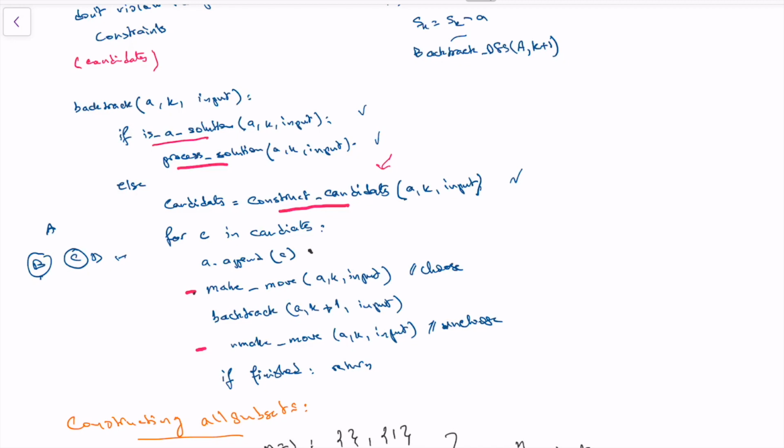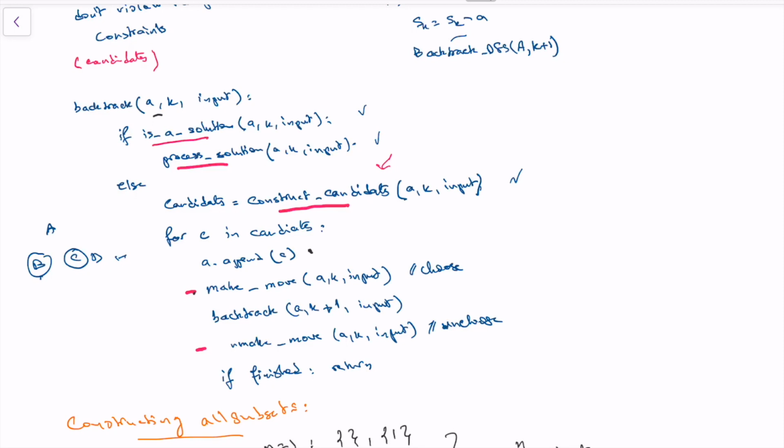And then after that, you can just apply the template, which first checks if the solution we generated so far is a solution. If it is, it processes it, which means basically it prints it or adds it to a list, and then it constructs the candidates using some criteria, and maybe also some constraint, like in our case the constraint is to not have any duplicates, and then goes through these candidates one by one and tries each one of them.